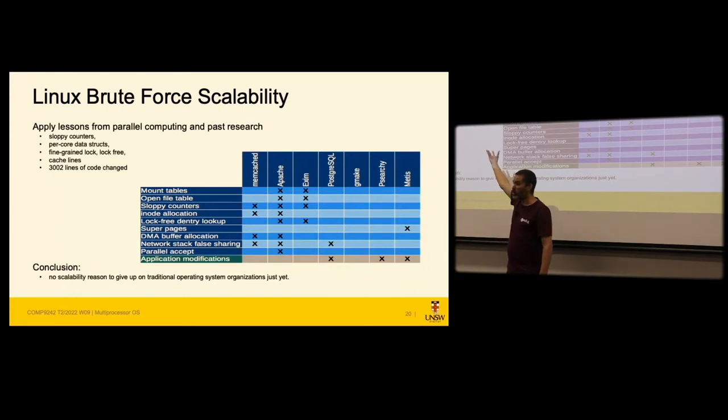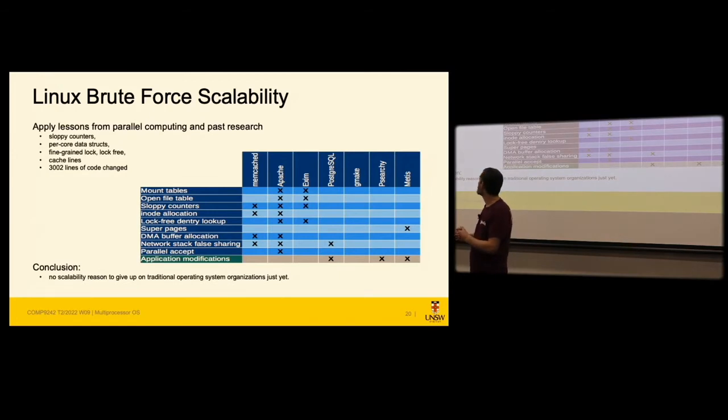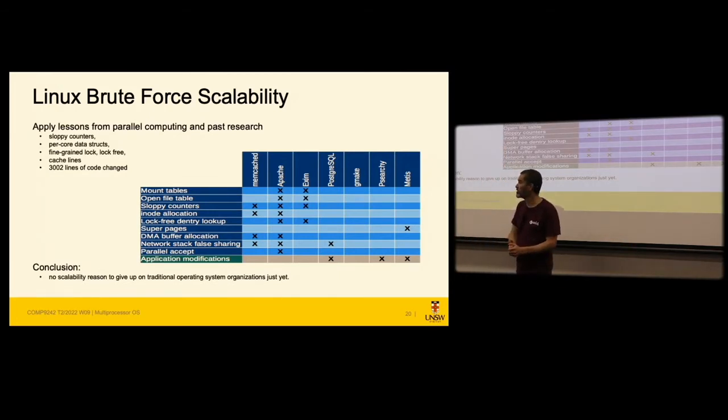As much as possible, per-core data structures, so the data structures are allocated and used per core rather than shared. A lot of fine-grained locking, a lot of lock-free algorithms. Keep track of cache lines, so there's no false sharing and things like that. Ultimately, 3,000 lines of code were changed.